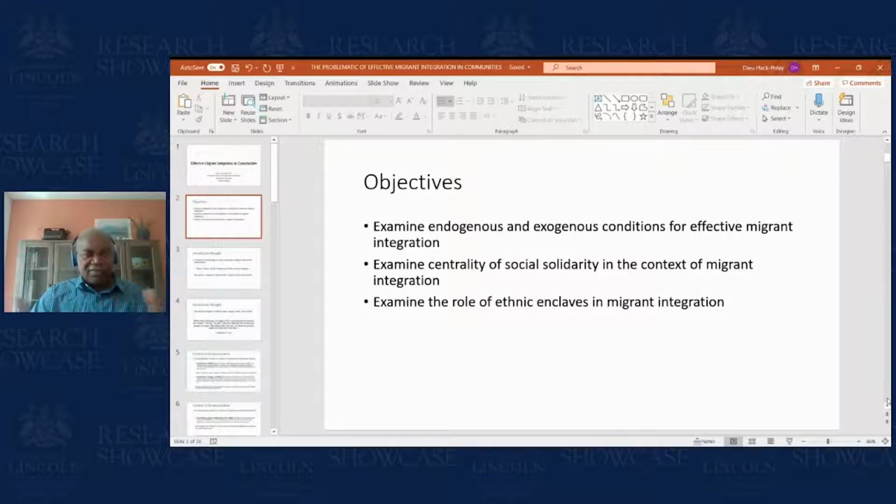And we'll also look at the role of ethnic enclaves in migrant integration. This is really looking at how migrants landing in a new society tend to cluster themselves in some groups or particular areas of our society, whether physical or cultural, that we call enclaves. So that gives us a broad idea of what we're going to cover.